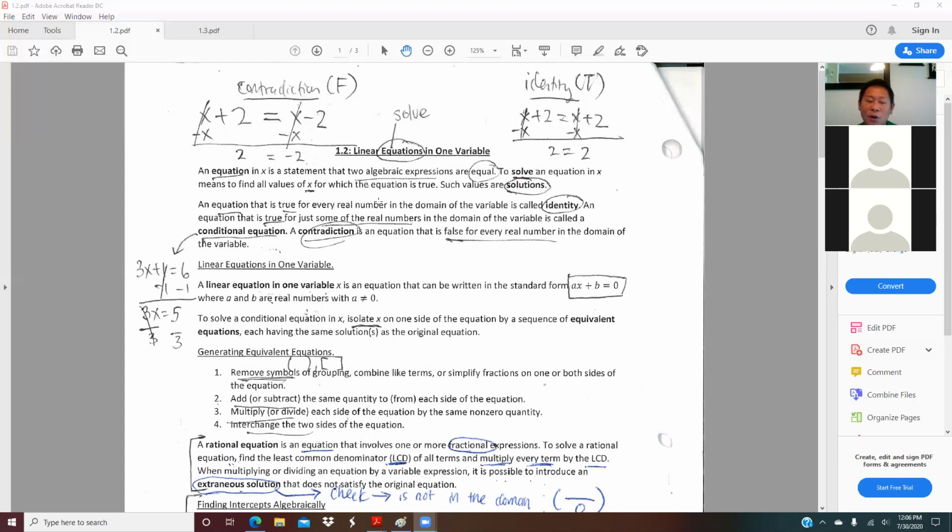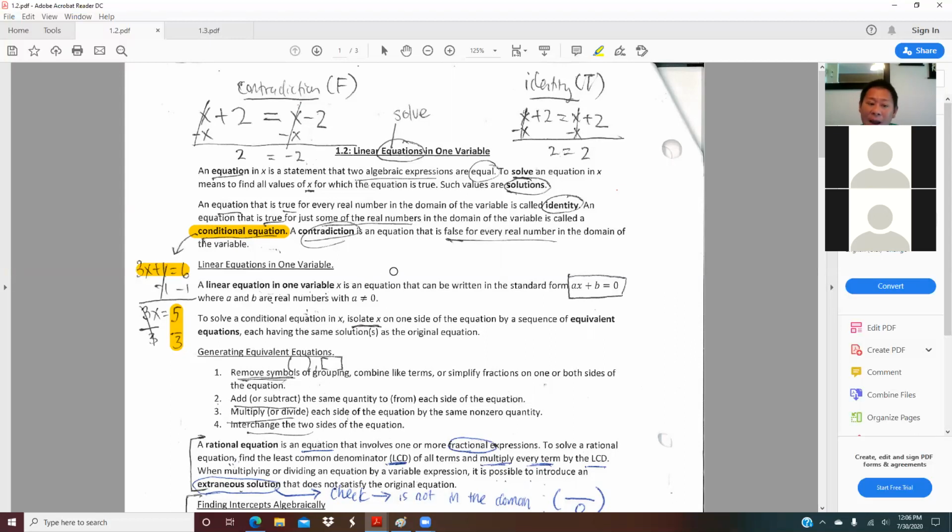Usually when you solve an equation, you get an answer like x equals 5 or x equals 8, like this example here. When you solve 3x plus 1 equals 6, you know how to solve. I know you guys know how to solve this equation. You get an answer. Usually you get a number, like in this case 5/3. This kind of equation is called a conditional equation, where when you solve it, you get an answer.